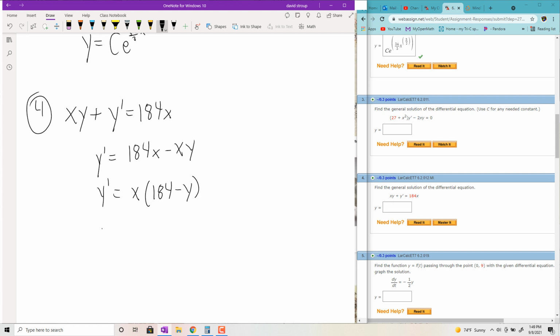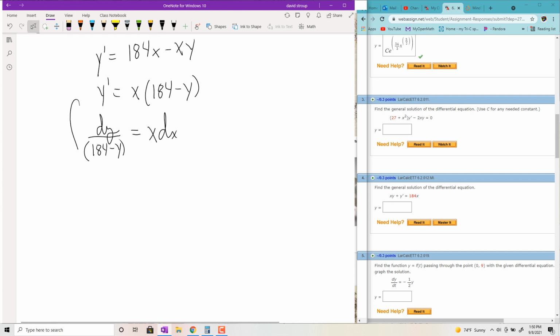And then I'm going to separate. So I'll move the dx to the other side, divide both sides by 184 minus y. And then on the right side, you have dx times x. Oops, fix that. Okay.